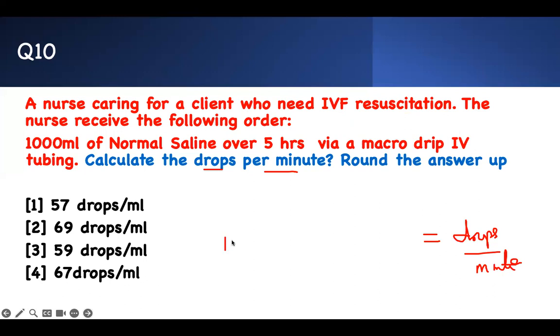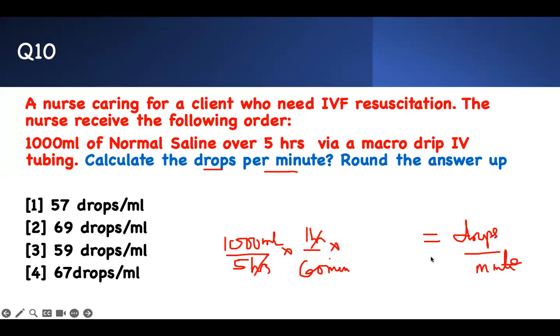So 1,000 ml over 5 hours. Right away, change this into minutes because the answer is in minutes. You know 1 hour is 60 minutes.